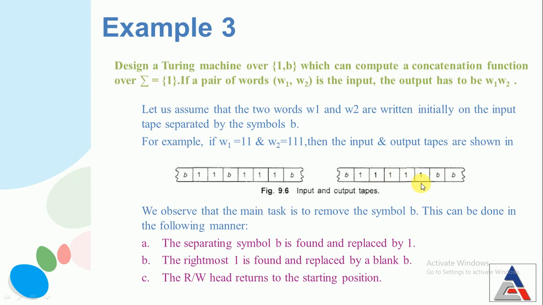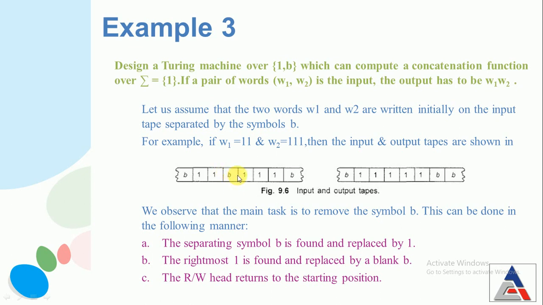We observe that the main task is to remove the symbol B, right? This can be done in the following manner. In the first step, the separating symbol B is found and replaced by 1. So when you find this B, you replace it with 1.